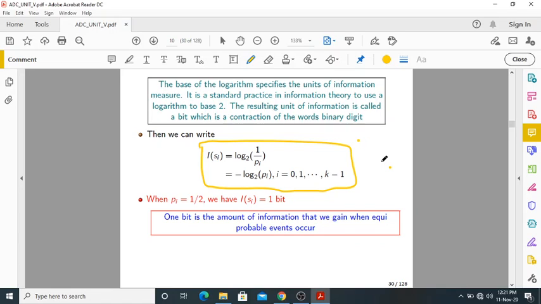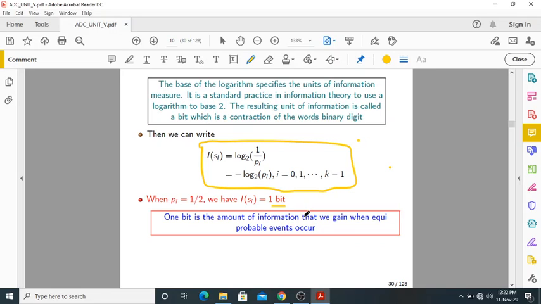Log base 2 of 1 by pi, which is also equal to minus log base 2 of pi, where i varies from 0 to k minus 1. Suppose pi equals 1 by 2, then what is I of Si? 1 by pi means 2. Log 2 base 2 is 1. So 1 bit.